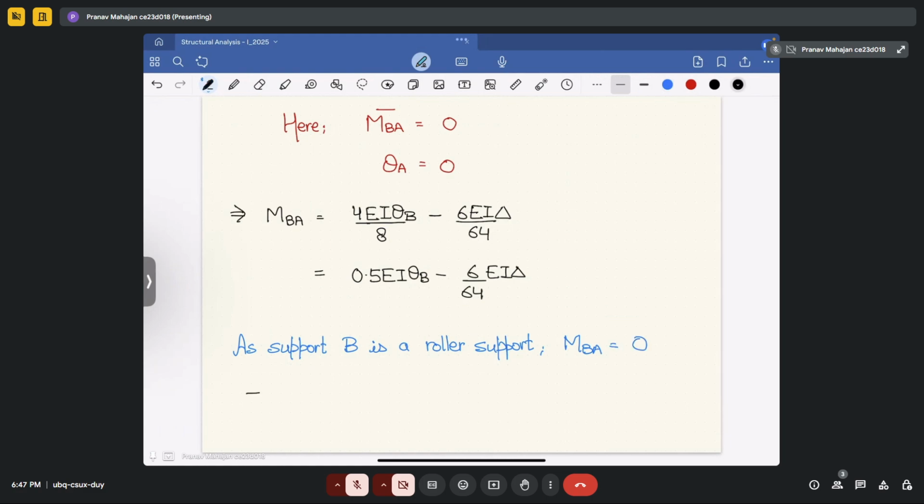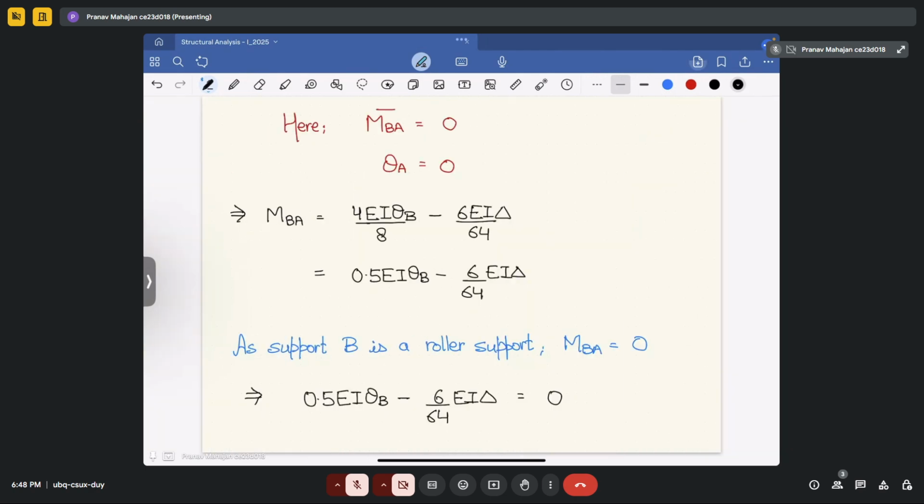Okay. So now solve this equation. That means 0.5 EI theta B minus 6 upon 64 EI into delta will be equal to 0. So solve this equation. We will get to know the value of theta.